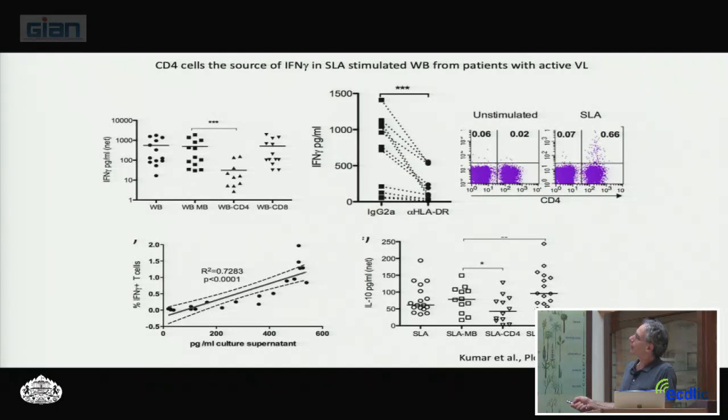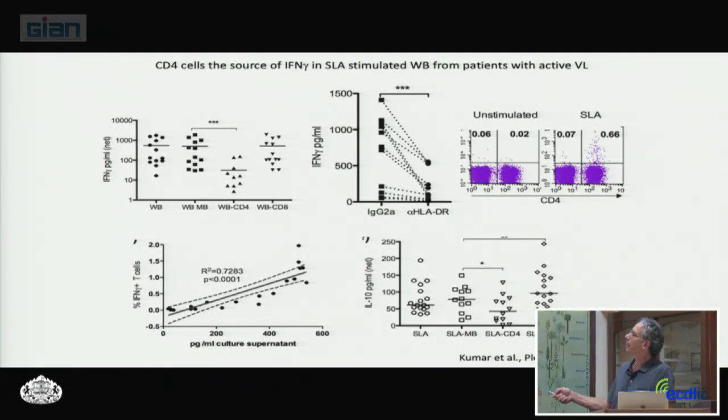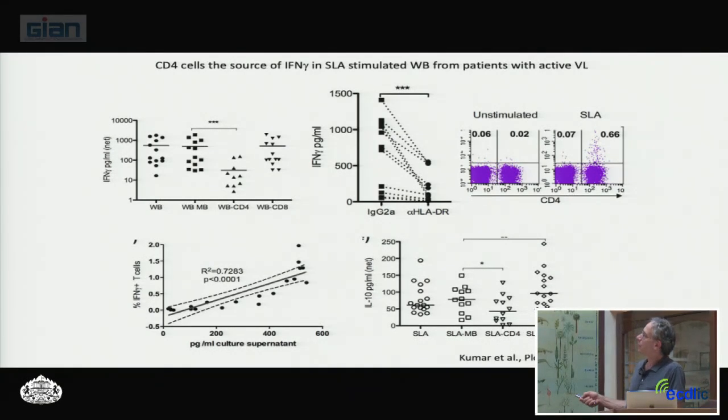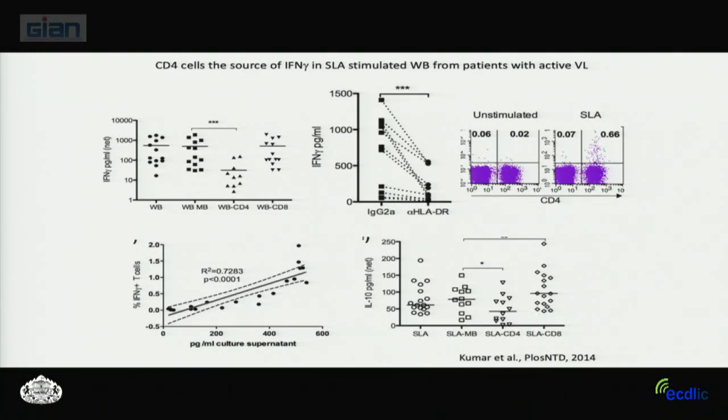Then they found that if they took the whole blood and depleted the CD4s, the levels of interferon gamma in these assays went down. If they depleted CD8s, nothing happened. So the response was mainly produced by CD4 cells. They could block the response with antibodies against HLA-DR, so it was a class 2 restricted T cell response.